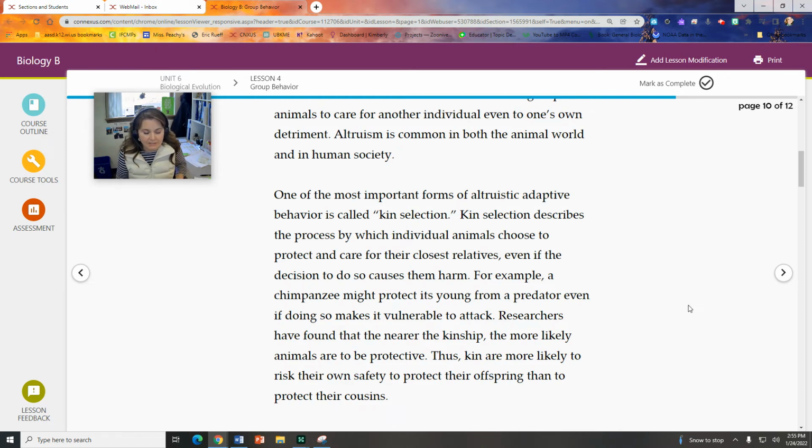So obviously their children, but also sisters, brothers, anything within their clan, cousins, anything like that. And again, they may even put their own lives at risk to protect others that are related to them. And so again, you might wonder, how does this ever get supported by evolution by means of natural selection? It kind of seems to go against it as well.